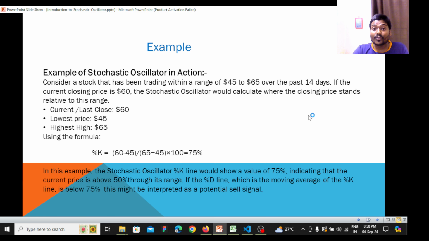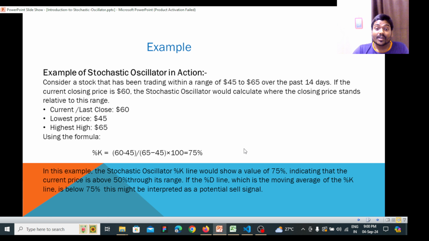First we put in the values: the current closing price is 60 and the lowest price is 45, divided by the highest price 65 minus the lowest price, into 100. After calculating, the value is 75% for the stochastic oscillator, which is greater than 50%. In this case, the signal is overbought, and we sell the stocks.